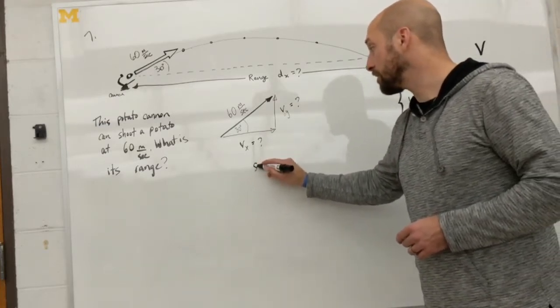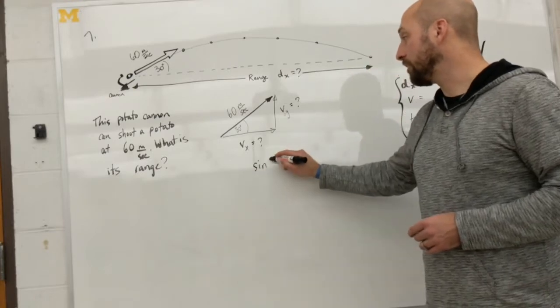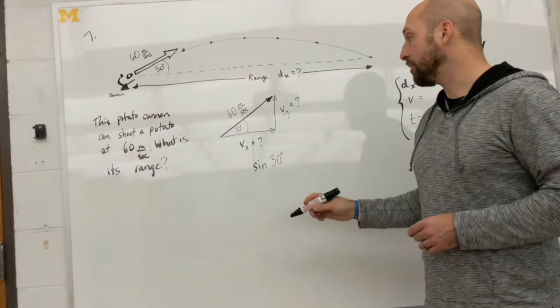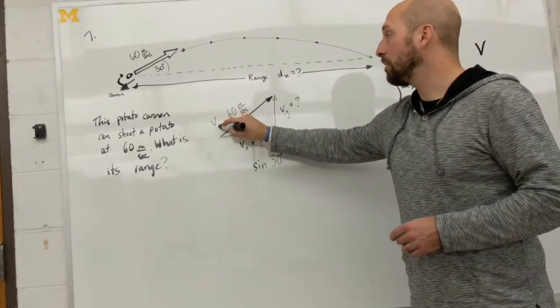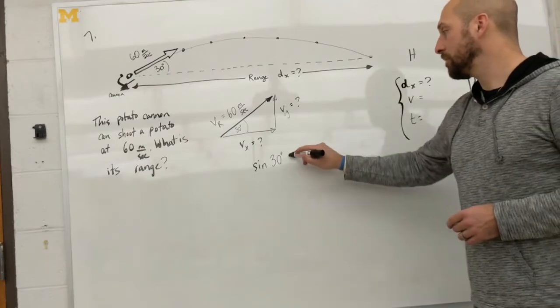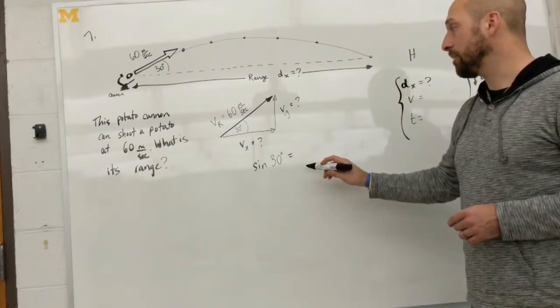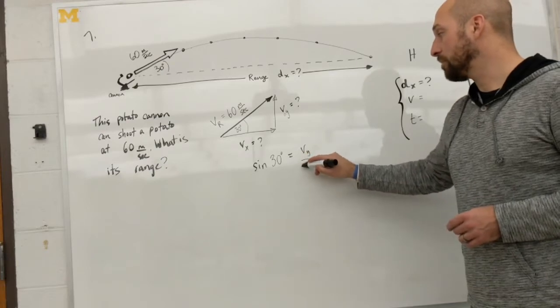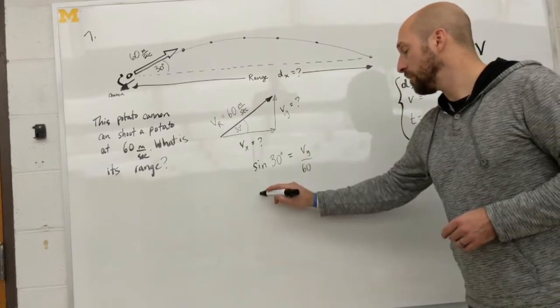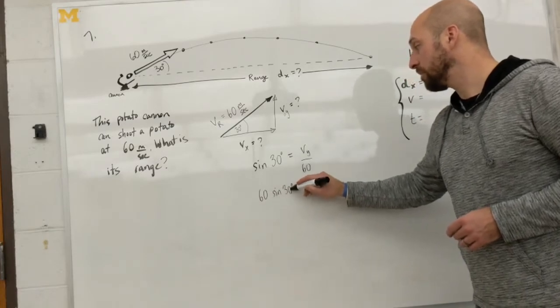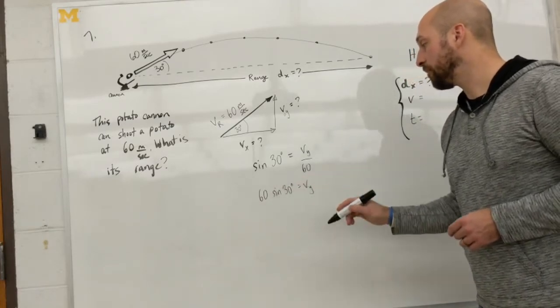So we can make these statements right away. The sine of 30 degrees is the opposite over the hypotenuse. The hypotenuse we could call the r velocity. The sine of 30 degrees is Vy over 60, so 60 times the sine of 30 degrees is Vy.